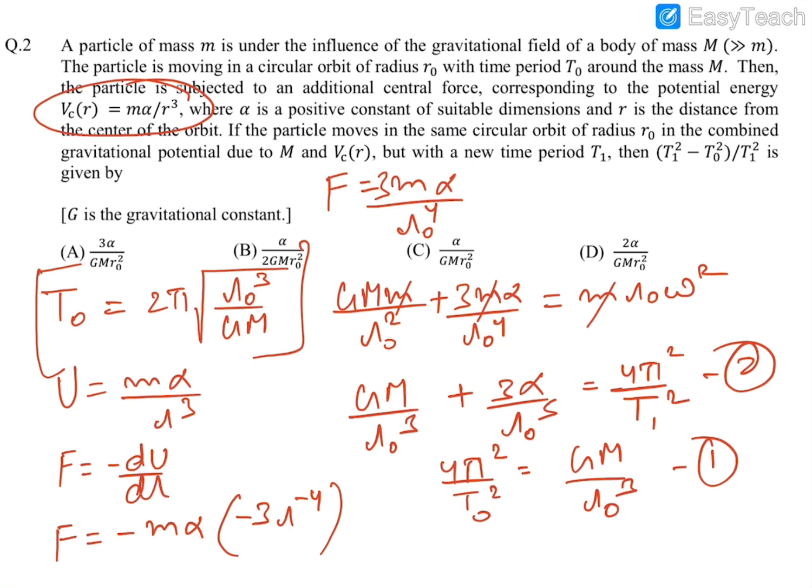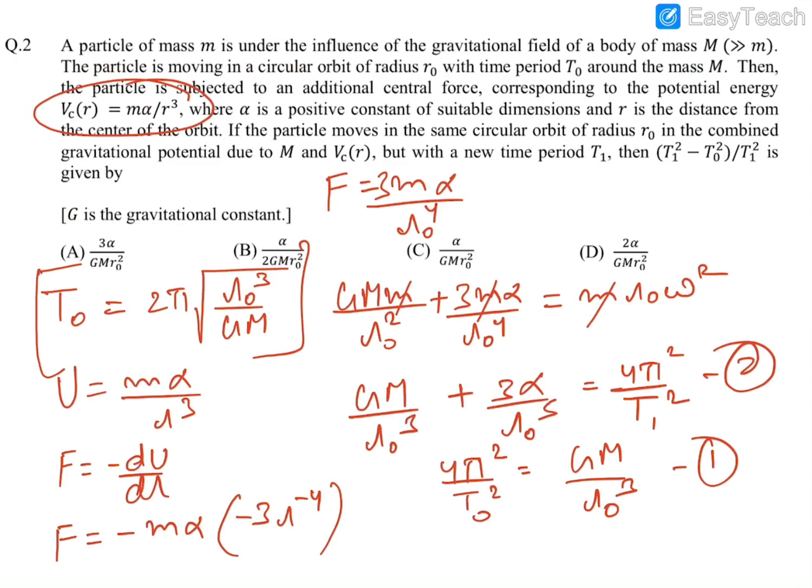Now what we have to do is find out t1 square minus t0 square upon t1 square. So t1 square minus t0 square upon t1 square will be equal to 1 minus t0 square by t1 square. So this ratio will be 1 minus t0 square by t1 square.